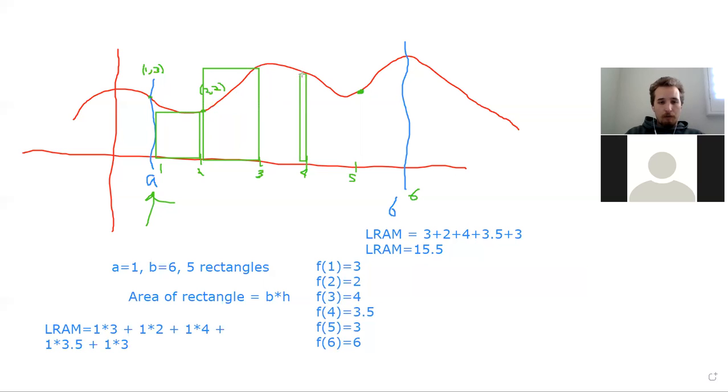Do you see how I'm going to the rightmost point and then drawing my rectangle? So we have the same curve, but we're drawing the rectangles from the rightmost point. Okay, because we're doing RRAM now.